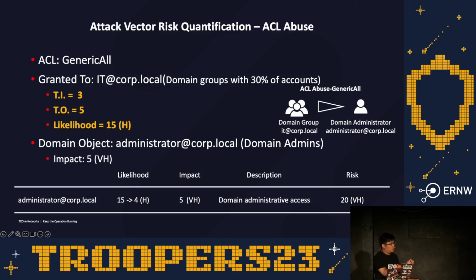Threat accuracy will be 5, because when we initiate this attack vector it always succeeds, so the likelihood will be 15. Based on the impact, the administrator has the highest privilege in the domain, with domain administrative access, so the impact will be very high, and we get the risk.